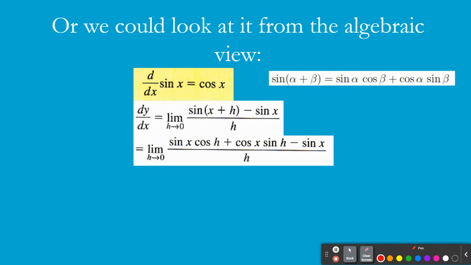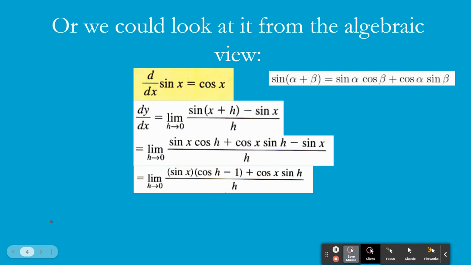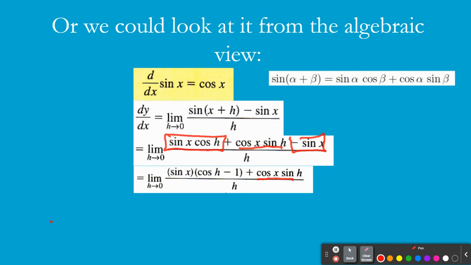Let's do that here. And there we go. Now I've factored that out, and I'm left with this expression. For those of you having some issues with this, please note this has just been moved down here, and this in here has been grouped together, and I just factored out sine x, and that's how I got down to this line.